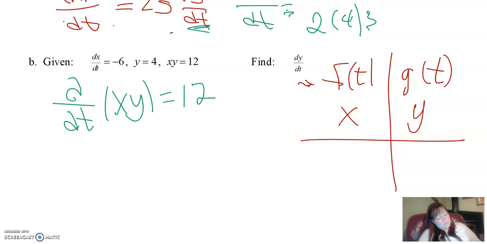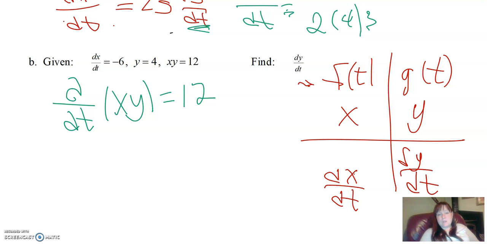So the derivative of x with respect to t is dx/dt, and the derivative of y with respect to time is dy/dt.